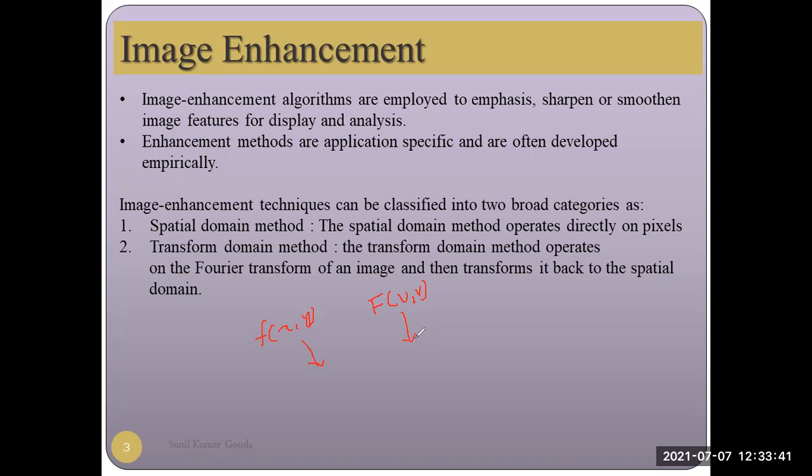So broadly, enhancement can be performed in two different domains. One is the spatial domain, where we perform enhancement on particular pixels, on particular pixel values. The other is the frequency domain, where we perform a transform on the particular signals.